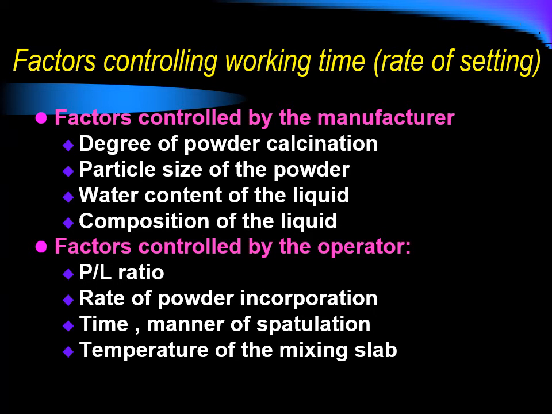So by the operator, all these methods can control the working time, but the best one is the temperature of the mixing slab, because it will not change the physical and mechanical properties of the cement, whereas any change in the powder-liquid ratio will change the final properties of the set cement.